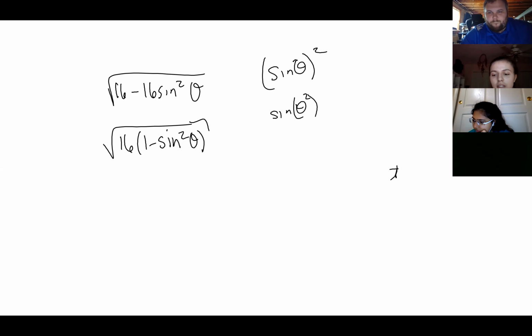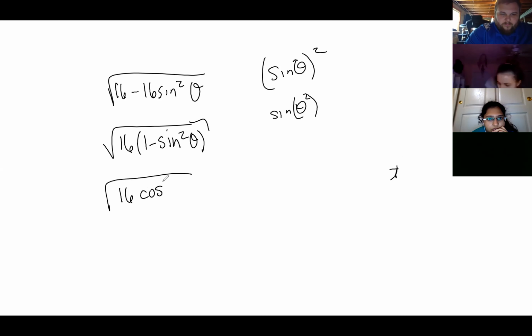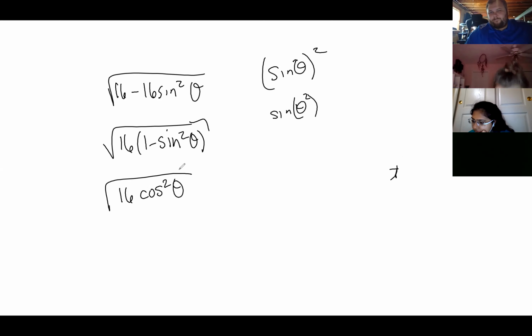I should have kept it sine, and then the next step would have been to make it cosine. That's because of the Pythagorean identity I was talking about before. Say it again. Pythagorean. The guy's name was Pythagoras.